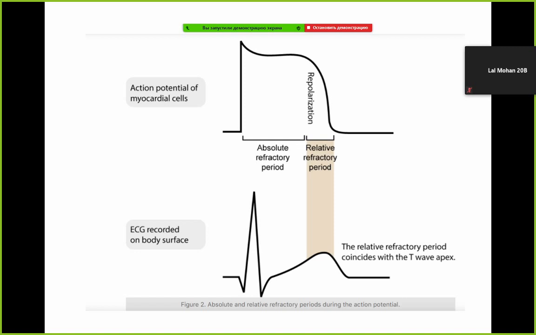However, it should be noted that R on T phenomena are very common, and the risk of ventricular fibrillation is negligible unless there is electrical instability in the ventricles, such as during acute myocardial infarction.